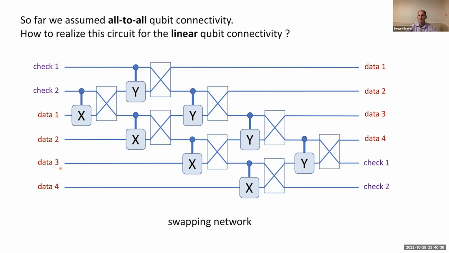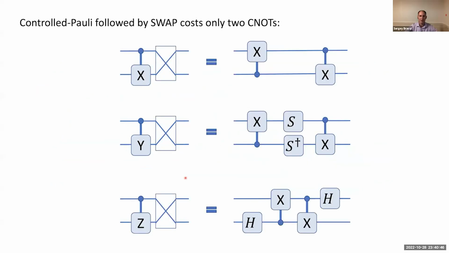And at this point, we can implement a desired controlled Pauli operation by acting on nearest neighbor qubits. And we can reduce the CNOT cost by observing that a controlled Pauli followed by a swap requires only 2 CNOT gates.